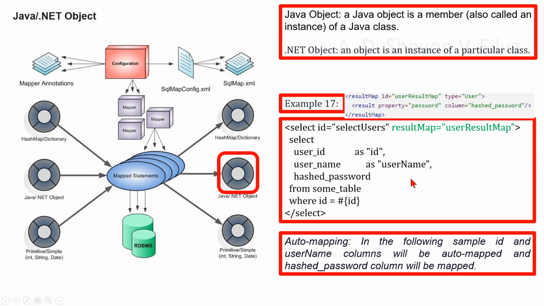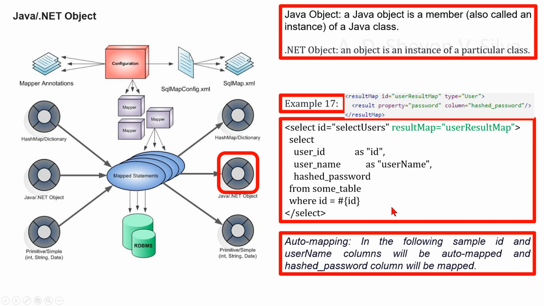To enable auto mapping between them, set the setting mapUnderscoreToCamelCase to true.